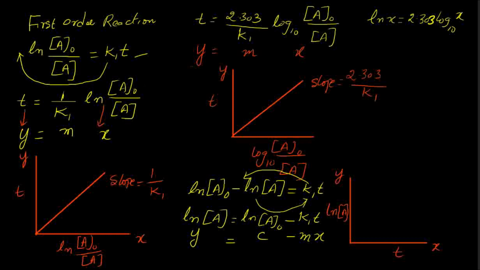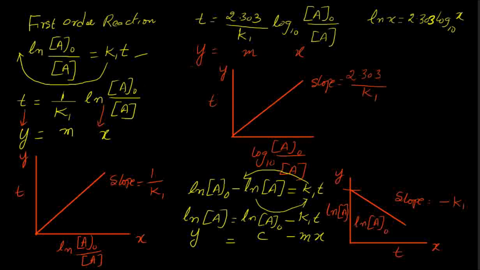The minus m is the negative slope. So the slope equals minus k1, and the intercept c equals ln a naught.